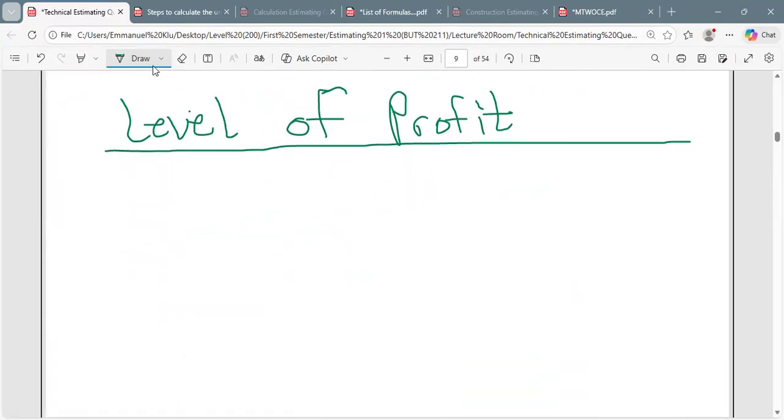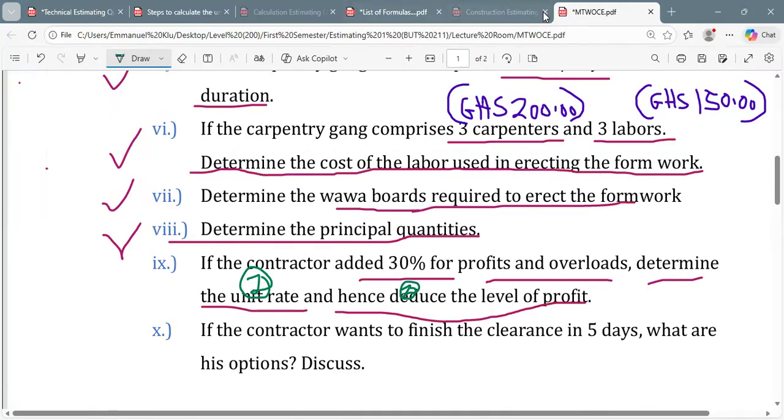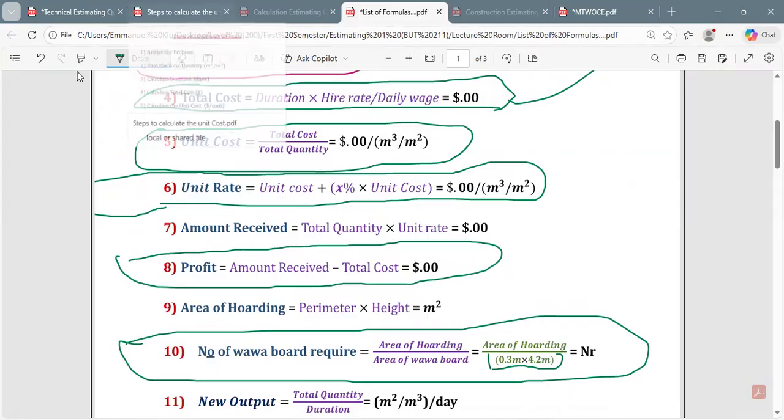The formula is here. Let's write the formula together. So our profit in this case is equal to the amount received minus the total cost, just as we are seeing over here. So let's proceed.